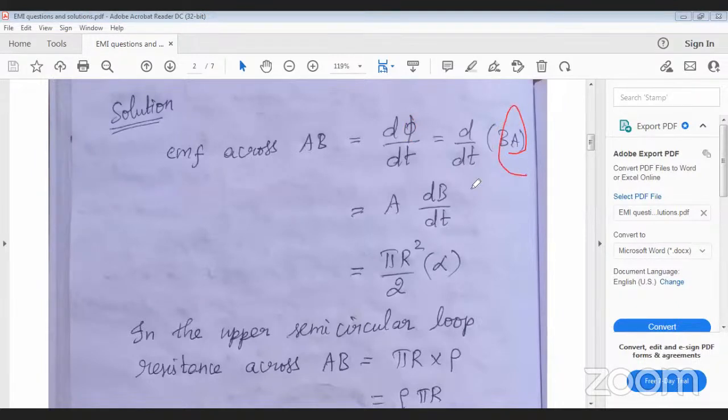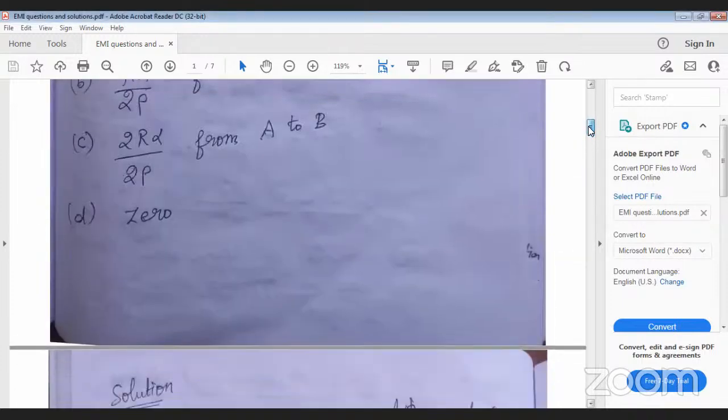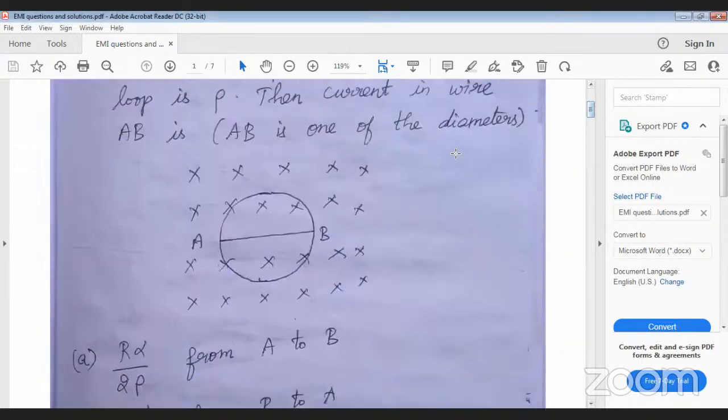Here area is constant, so I am taking it out, and you will be having dB by dt. This dB by dt is the rate of change of magnetic field, which in the question has been given as alpha. And the area you should see carefully.